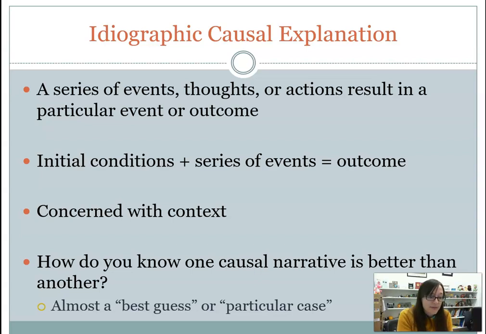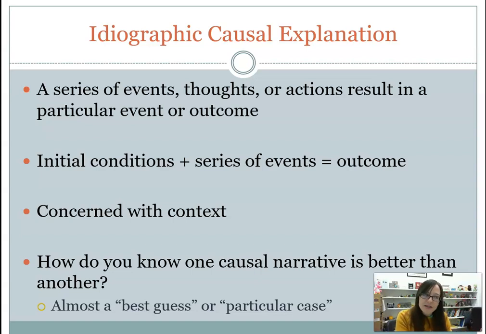Or if we look at one homicide case versus another, it might not be the same factors. There's no real way to know which one is best. It's just our best guess as to what we can use to explain a certain case. It may just be the best explanation for a particular case or a particular set of cases, but it's still based on the researcher's best guess as to how everything fits together.